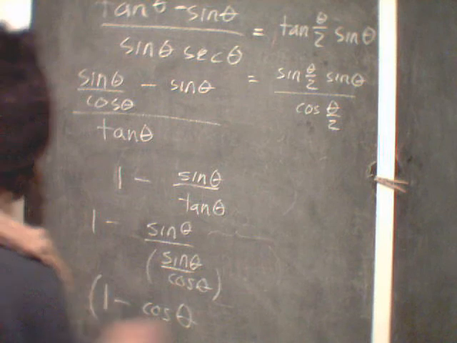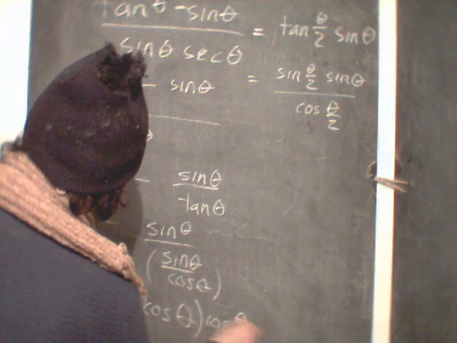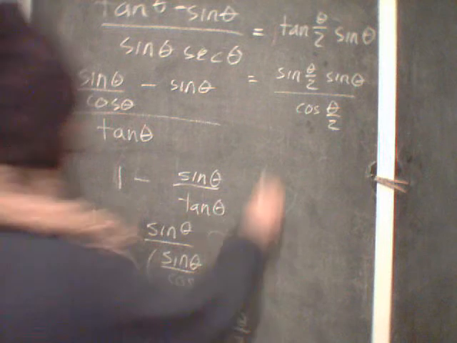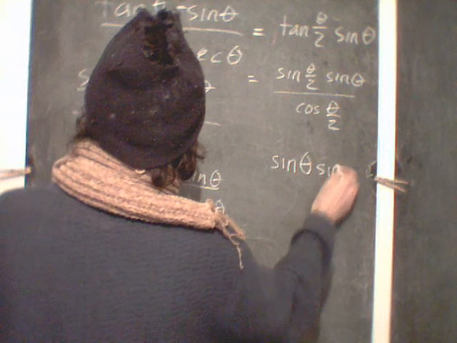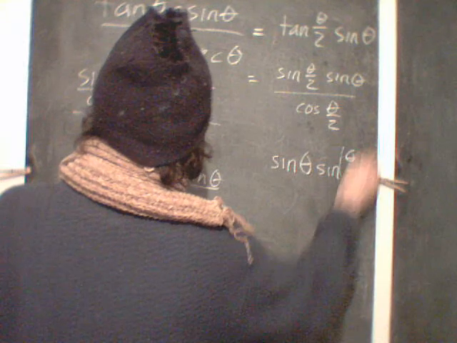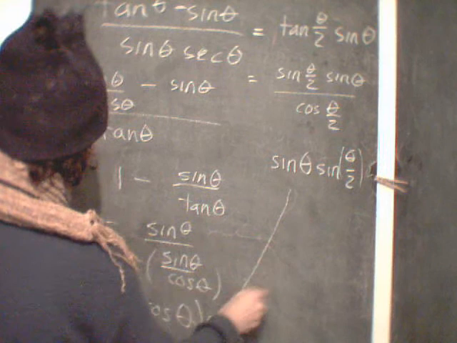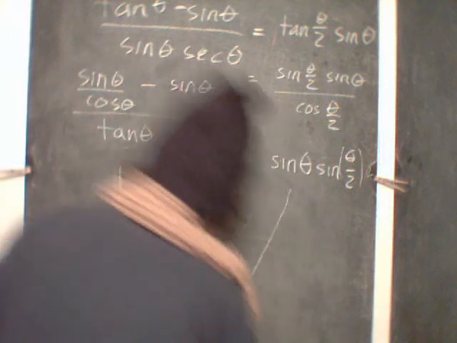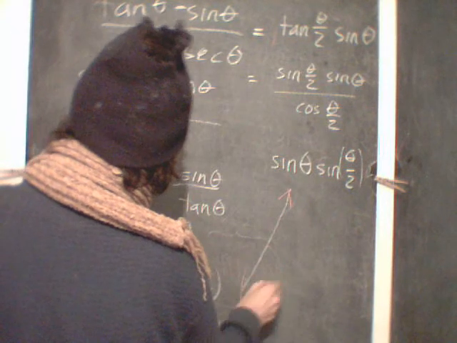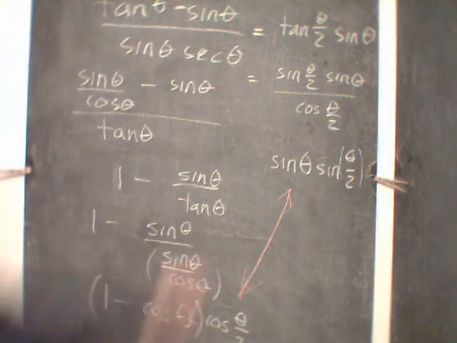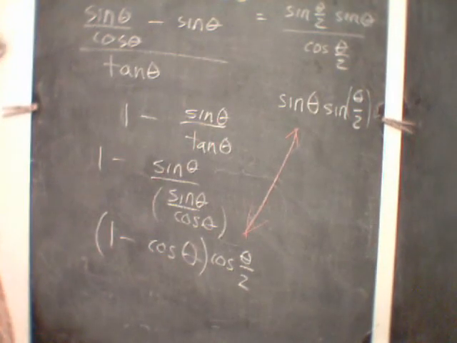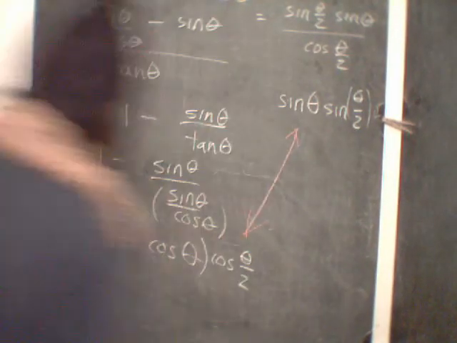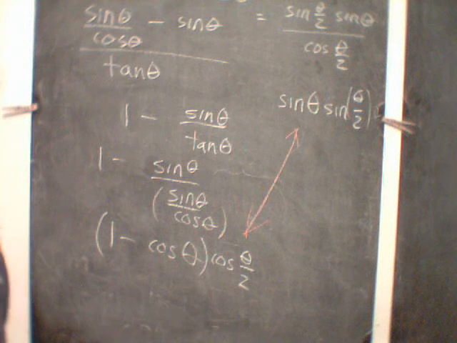So let's multiply it right here, cosine theta over 2, and so then we're just left with sine theta over 2. See? So it boils down to, are these two things equal? That's the real question. We're working with both sides, and are those two things equal is the question. And it's still not really completely obvious at all.